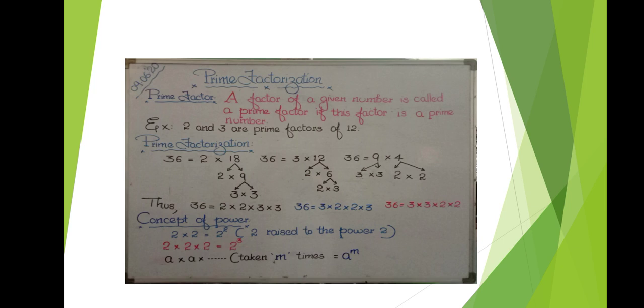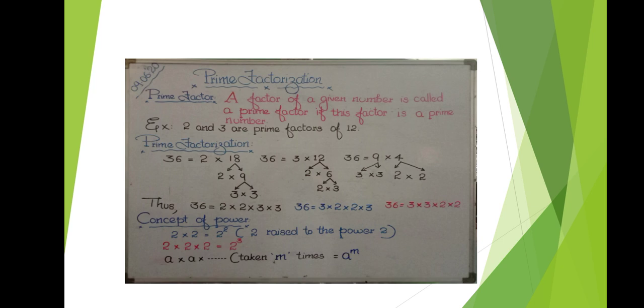Now we shall learn prime factorization. To express a given number as a product of prime factors is called prime factorization. For example, if we have a composite number, let us take a small number, that is 12. What will be the prime factors?